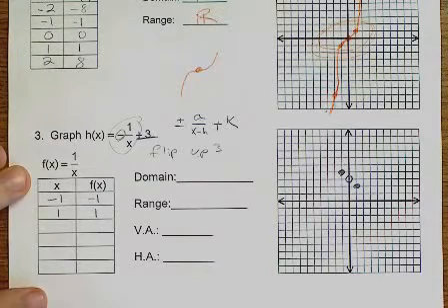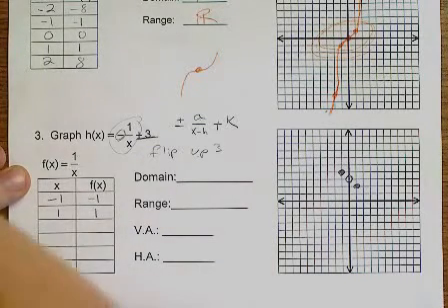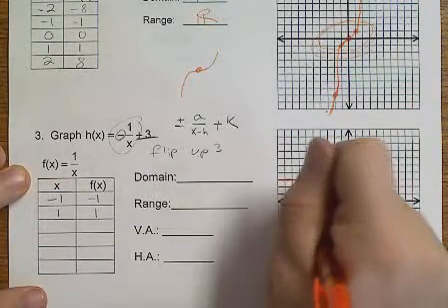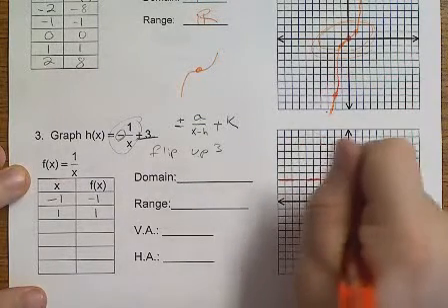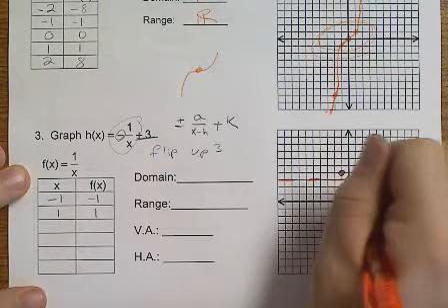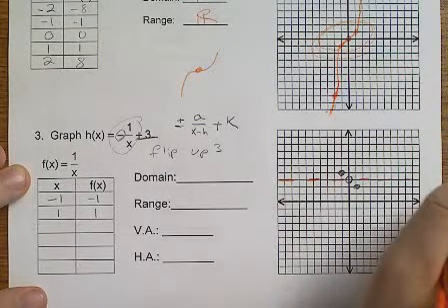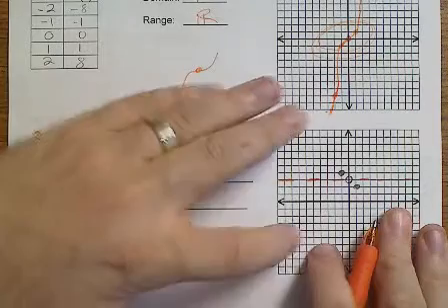I did not put a point here. I just circled it. I'm going to come in, and I'm going to mark our asymptotes. Notice I'm using a dashed line.